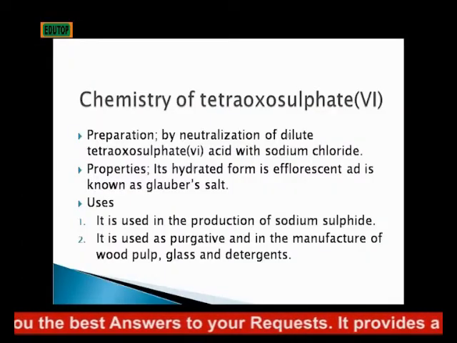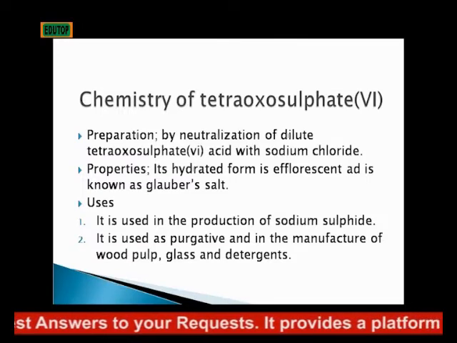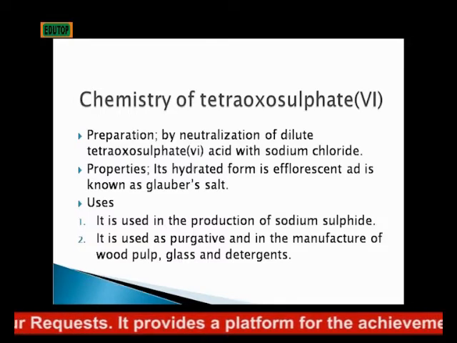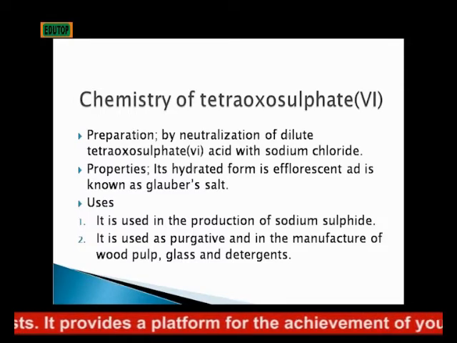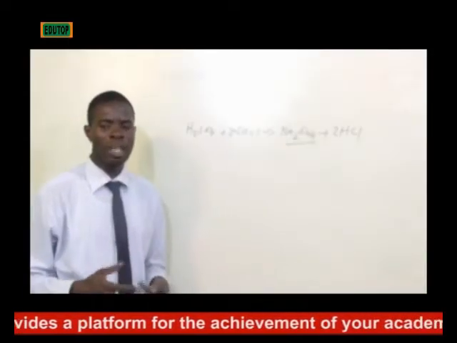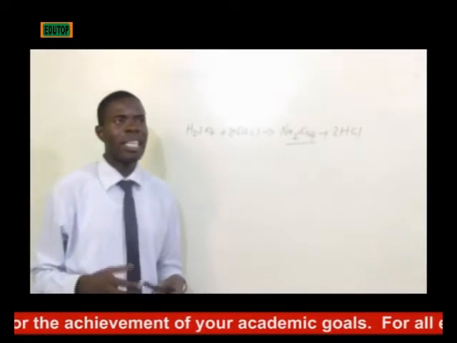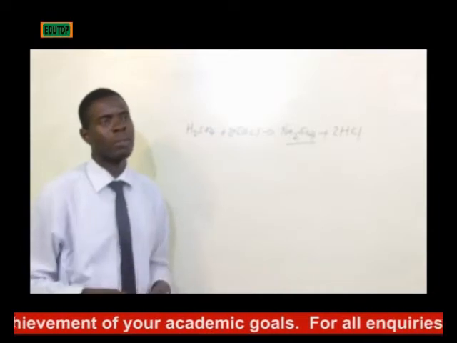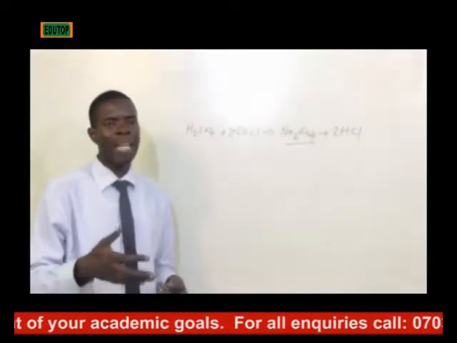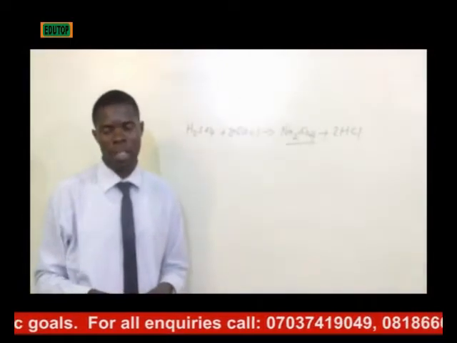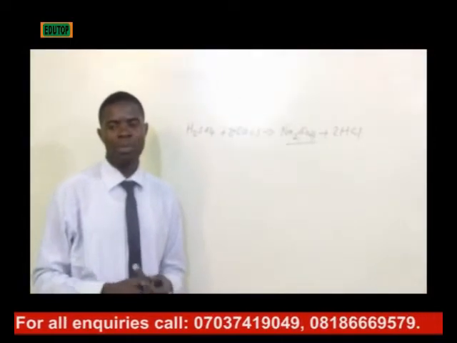Properties. Its hydrated form is efflorescent and is known as Glauber's salt. When we say a compound is efflorescent, what are we talking about? It means it has the ability to lose some or part of its water of crystallization when it is being exposed to the atmosphere.